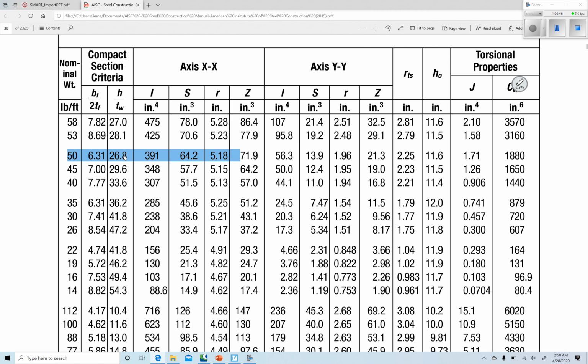Huh. W12x50, right? 26.8. It's weird. Alright. You see where I get that 26.8?